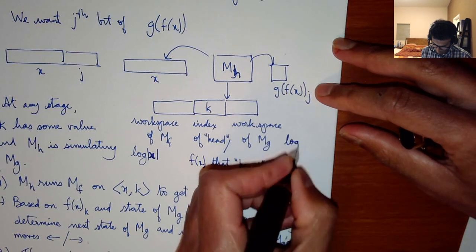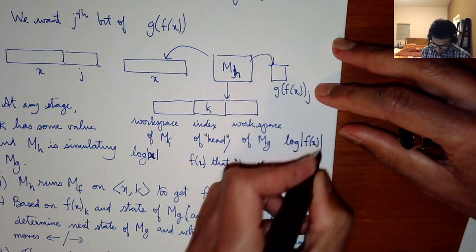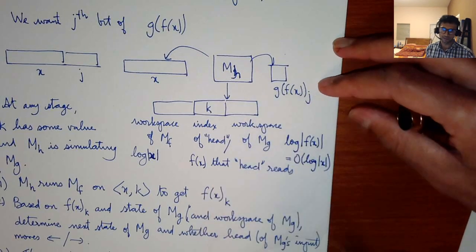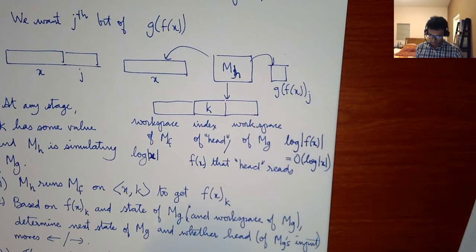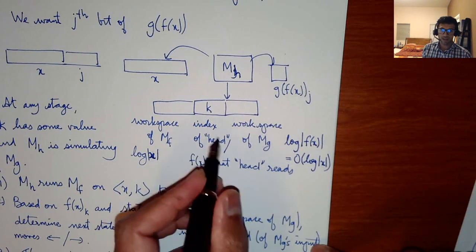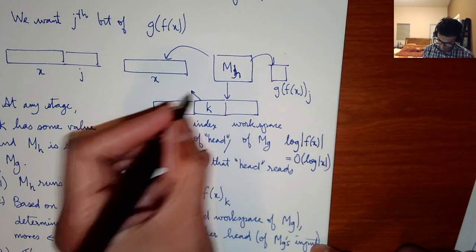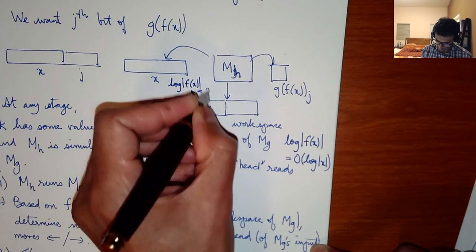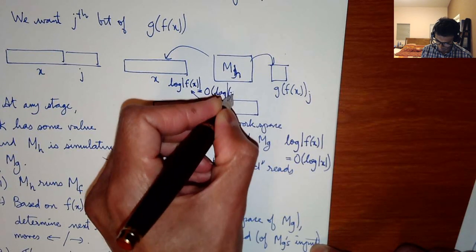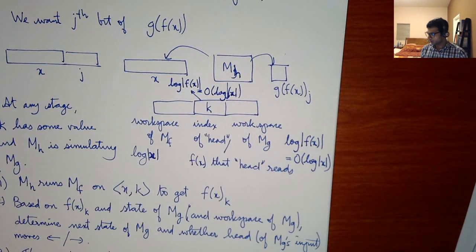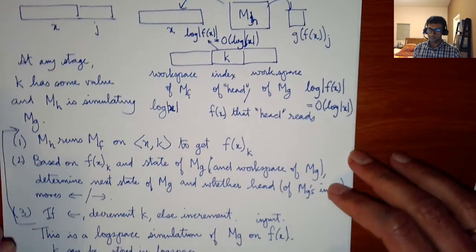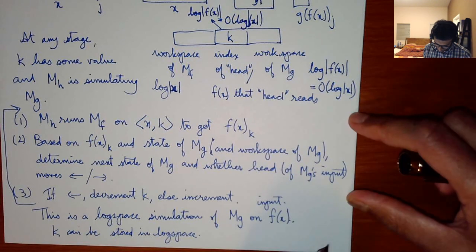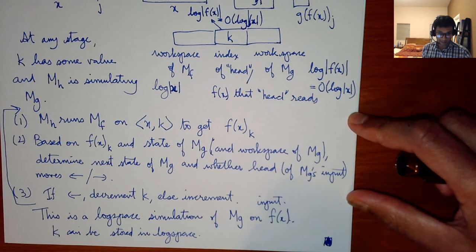This is going to be log of f of x, which is O of log of x, because f of x is at most polynomial sized. And the index of the head is also log of f of x, which is O of log x. Sorry, this is a bit of a mess, but you see that all of this is just log space. So this is a log space simulation of mg on f of x. And so that basically ends the proof.